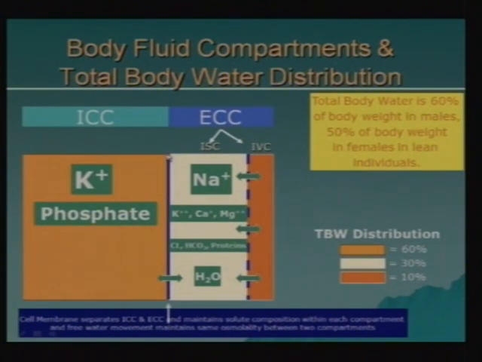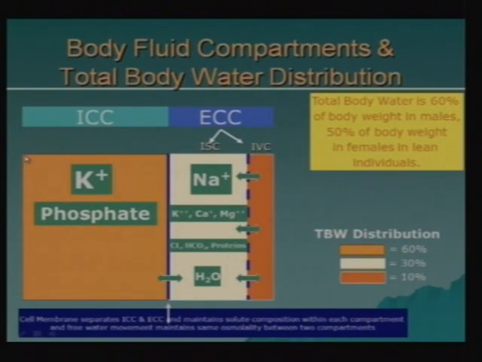But this very thick membrane, which separates the intracellular compartment from the extracellular compartment, is a semipermeable membrane which is freely permeable to water along the concentration gradient, but is not freely permeable to sodium, potassium and other things. So only water can move from one compartment to the other very freely. The rest of these require a very active transporter, and that is what you have to maintain.